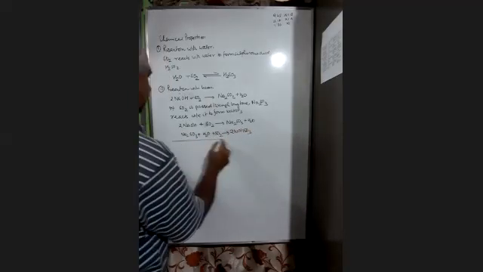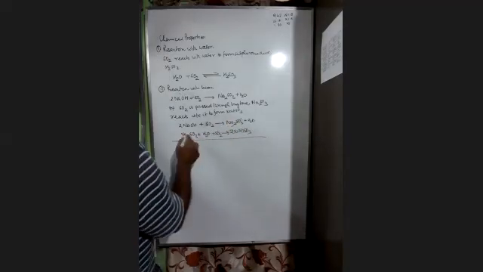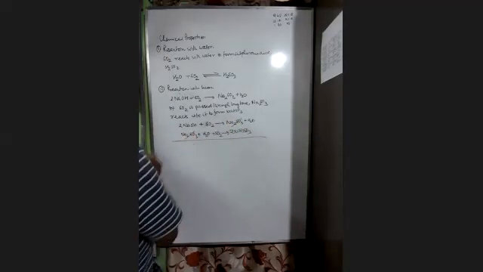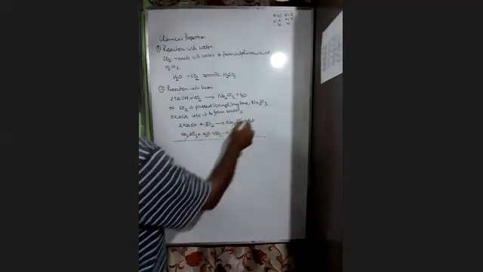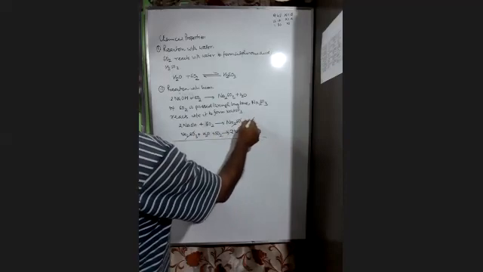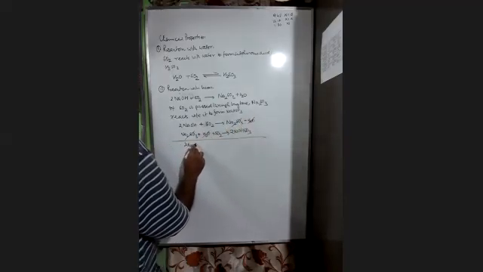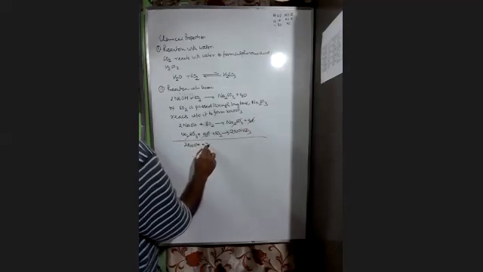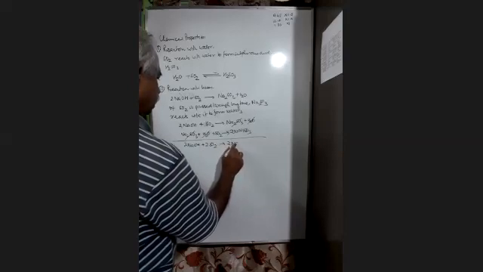If I add them, this and this will get cancelled. So you get now here 2NaOH plus 2SO2 will give you 2NaHSO3.